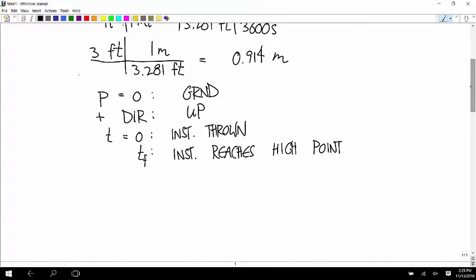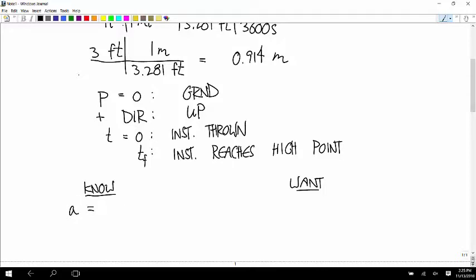And now we can think about what we know and what we want. So do we know time final? Do we know how long it takes to get to the highest point? No, but we don't care about that if we don't have to get it. We do know the acceleration.